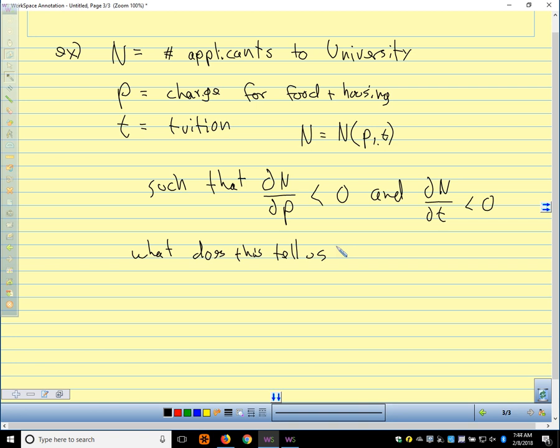As costs go up, the number of applicants goes down. Like a supply curve, quantity of supply versus price.